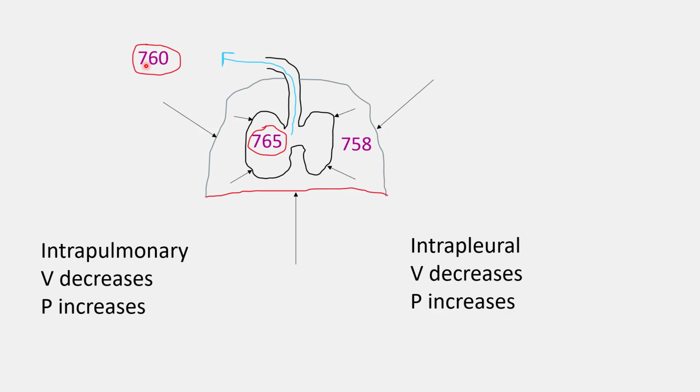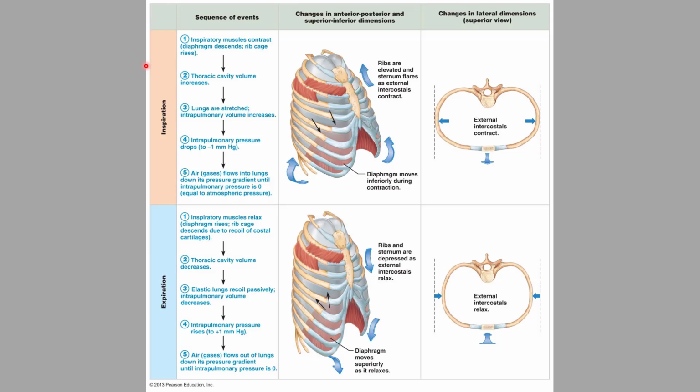Air continues to leave our lungs until what? Until equilibrium is reached again, and then we are right back to the very first picture that we had, getting ready to inhale again. So this is the way your book shows everything that we just drew.